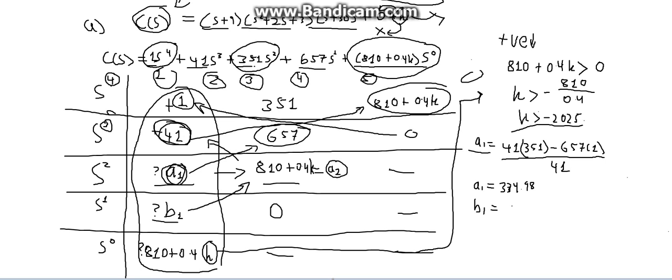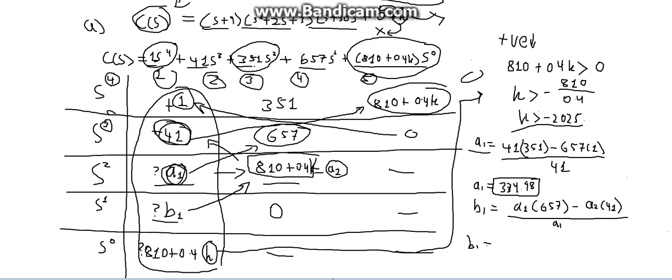Let's represent that mathematically. A1 multiplied by 657 subtracts A2 multiplied by 41, divided by A1. Remember, A1 is 334.98 and A2 is 810 plus 0.4k.